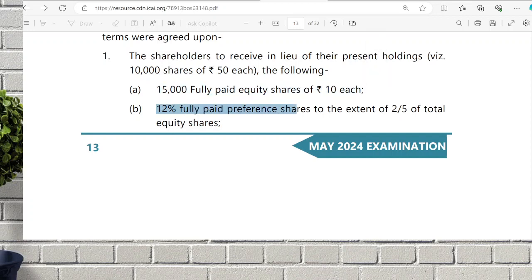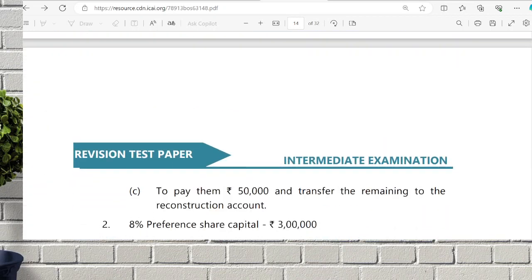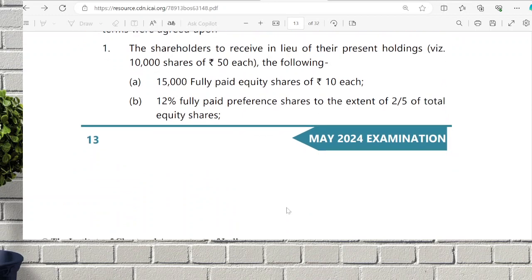We give 15,000 equity shares. Preference shares for 2/5 we give. Then we are paying cash 50,000. Balance will be transferred to capital reduction. Balance will be transferred to which one? Capital reduction.